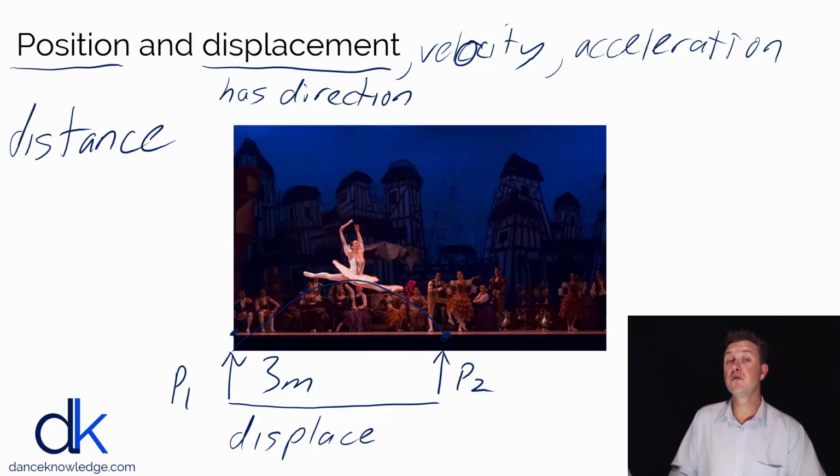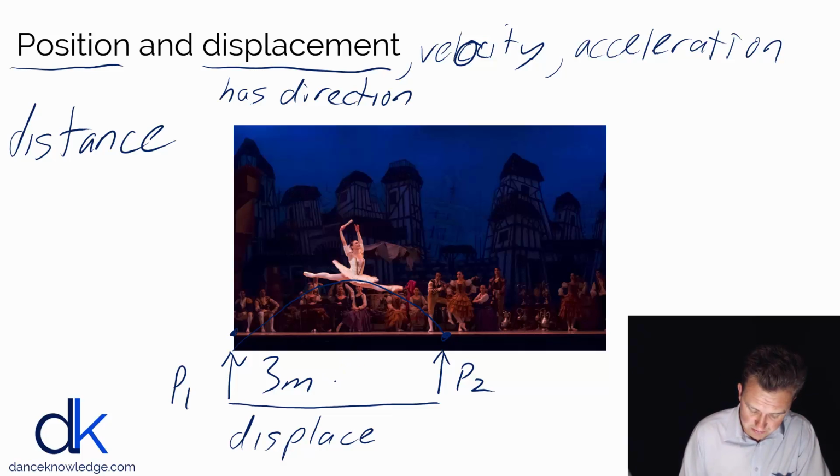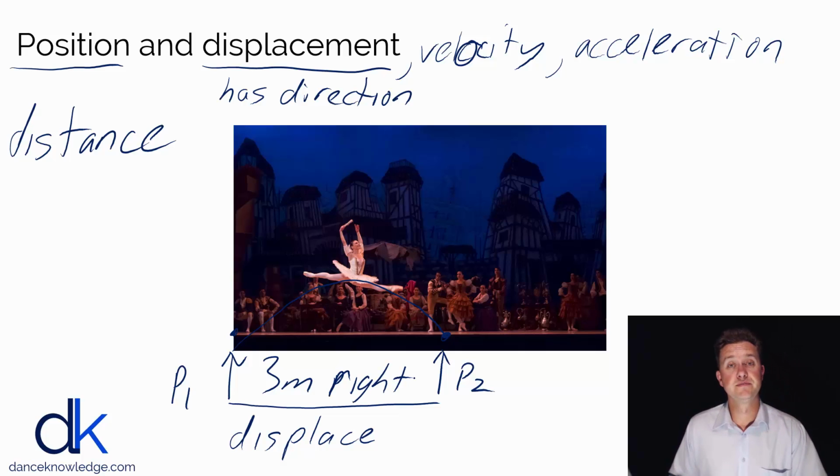So in order to truly describe the displacement that the ballerina has performed here in her leap, we would have to say that she has displaced her body 3 meters to the right. So now we have a direction.